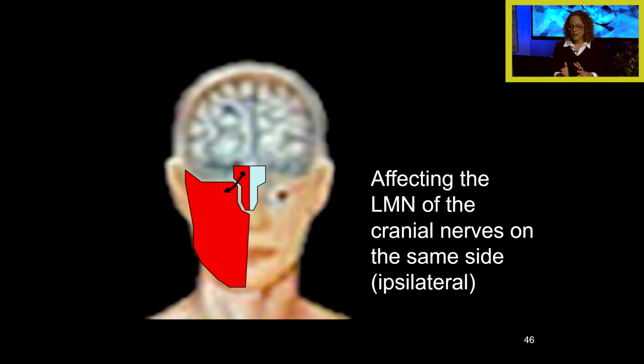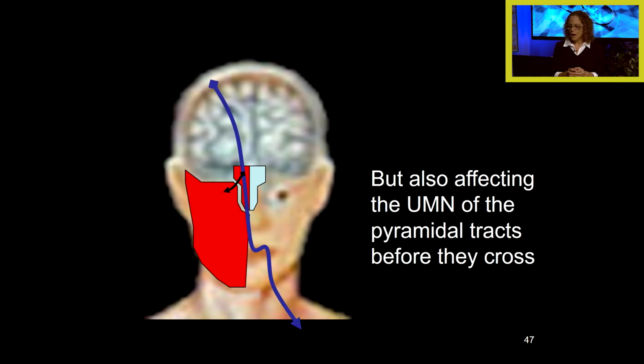And so this gives us a little bit of an image to remember when we review this slide that a brainstem stroke on one side of the brainstem can affect the lower motor neuron on the same side, but also the upper motor neuron of the pyramidal tracts before they cross.